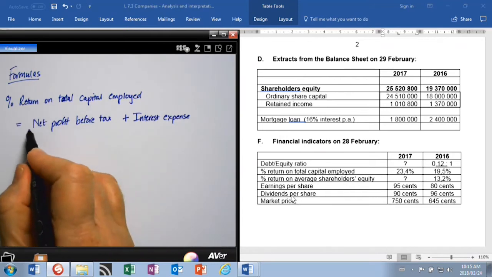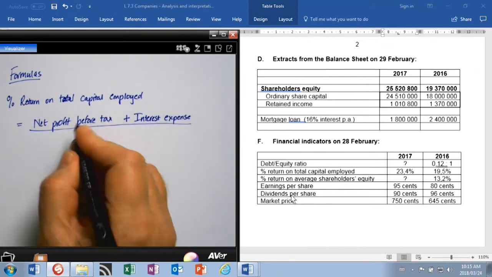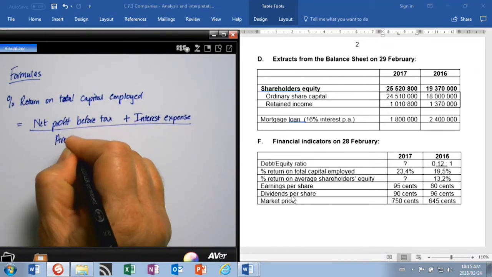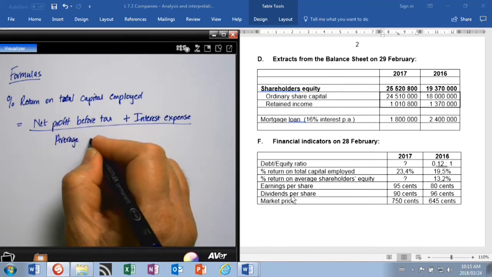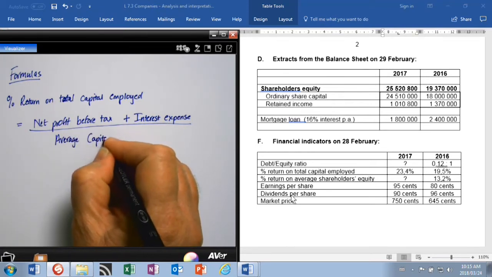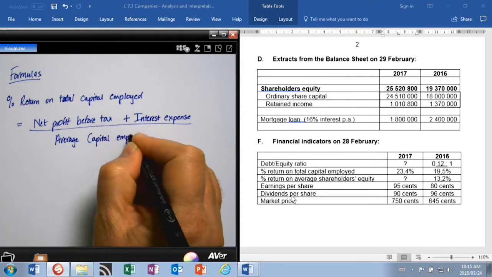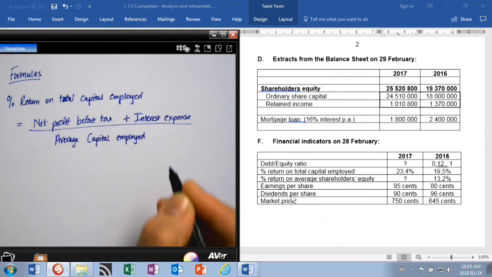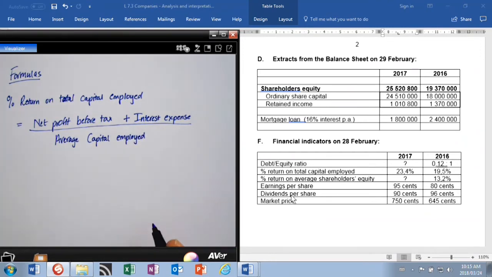And then you divide it by average capital employed. And you will remember that I did a balance sheet where they also mentioned this capital employed.